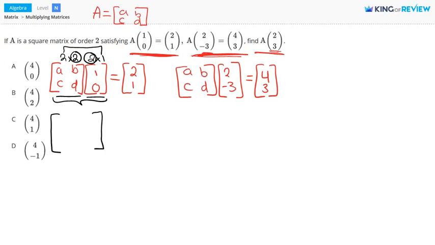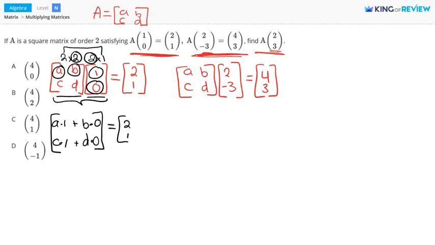So we have a times 1 plus b times 0. And the next entry is put together in the same fashion as the first. So we have c times 1 plus d times 0. And this is equal to this matrix.